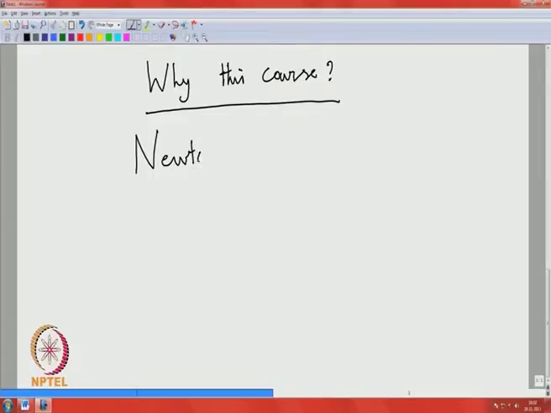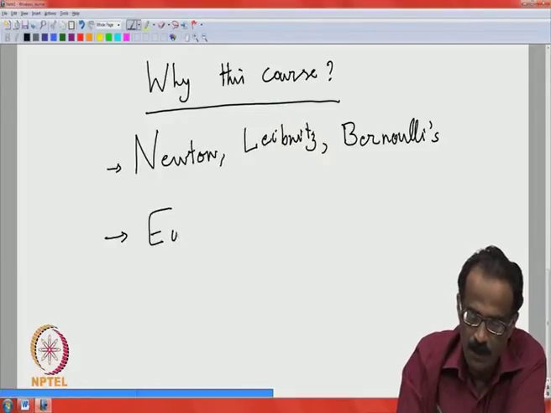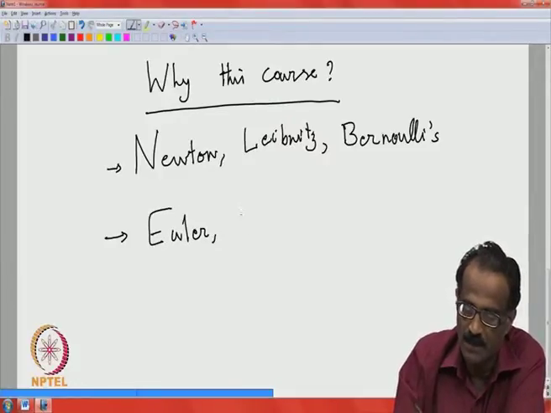There were many Bernoullis, two or three of them, and many other people contributed, such as Euler, Lagrange and Laplace. There are many people; I will not be able to write all the names.